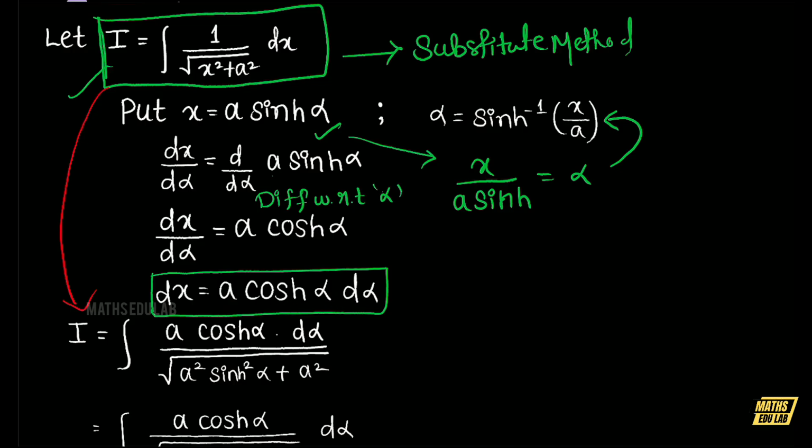Now substitute the values. After substituting, we get integration of a cos hyperbolic alpha d alpha in the numerator. In the denominator, x square means the x value is a sine hyperbolic alpha, that is a square sine hyperbolic square alpha plus a square.